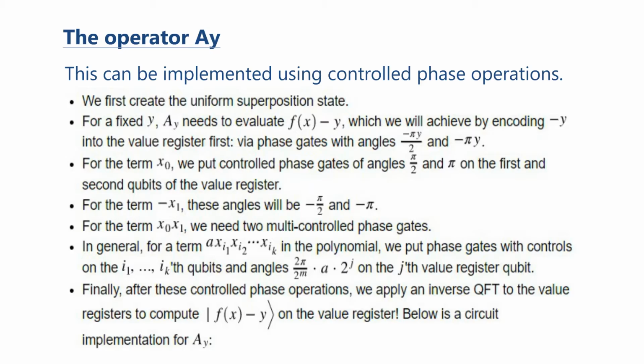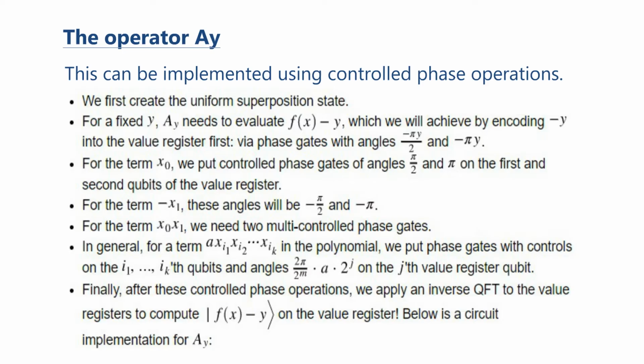For a fixed y, A_y needs to evaluate f(x) − y, which we will achieve by encoding −y into the value register first, via phase gates with angles πy/2 and πy. For the term x0, we put controlled phase gates of angles π/2 and π on the first and second qubits of the value register. For the term x1, these angles will be π/2 and π.